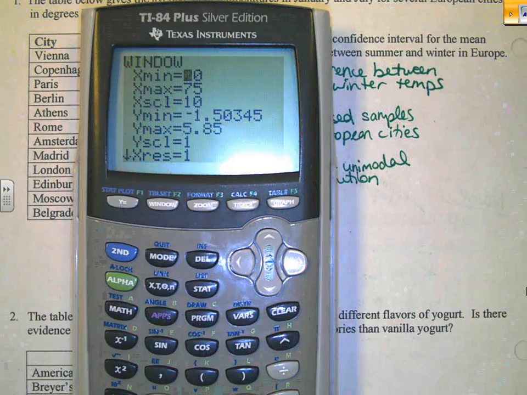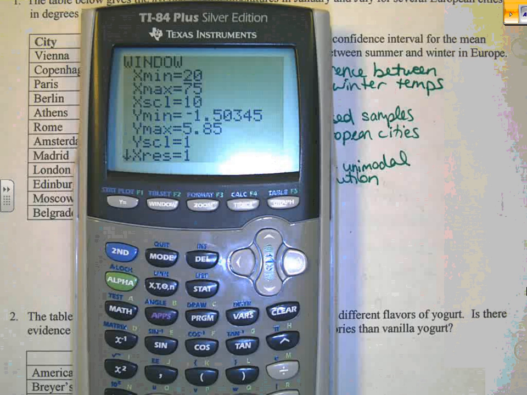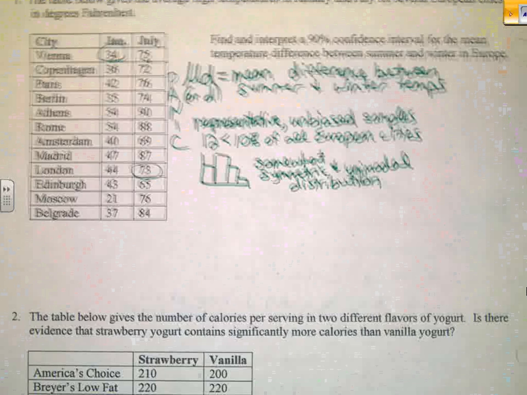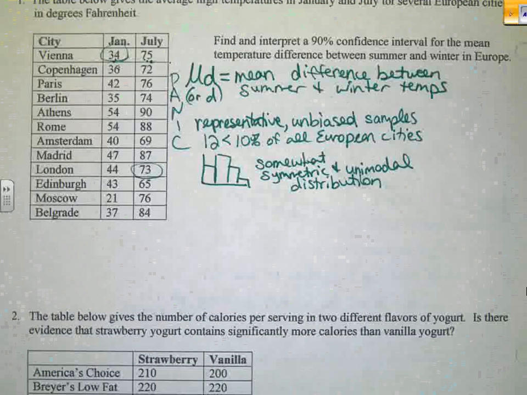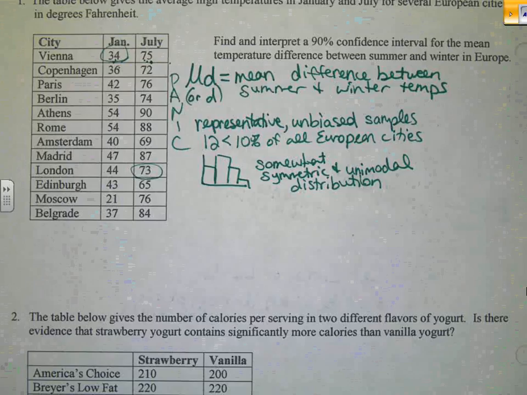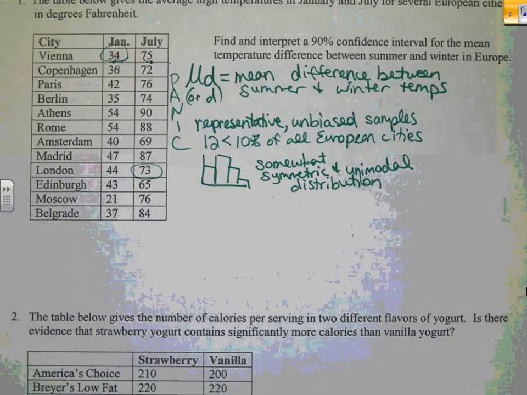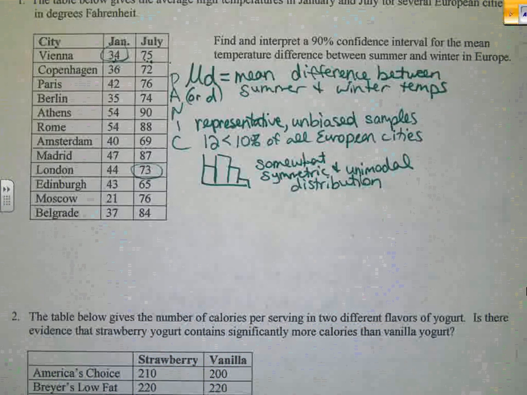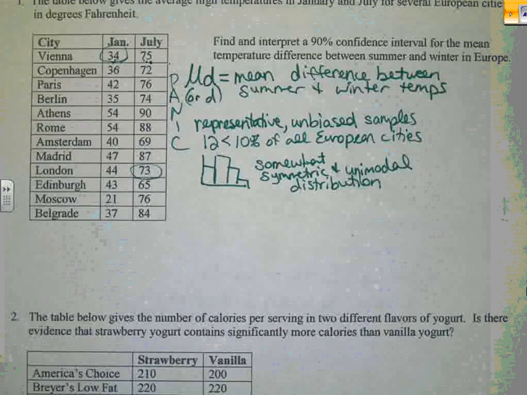Any other questions? That's the hardest part of making this histogram. What did you write after the graph? Somewhat symmetric and unimodal distribution. You really want to be good, so you can say nearly normal model is reasonable.